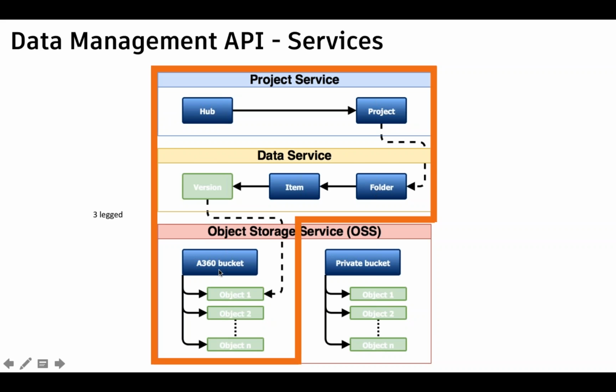So in order to access those A360 buckets, you need to have a three-legged token. You can also use the two-legged API and leverage the OSS in order to create private buckets in which you can upload your objects or your files.